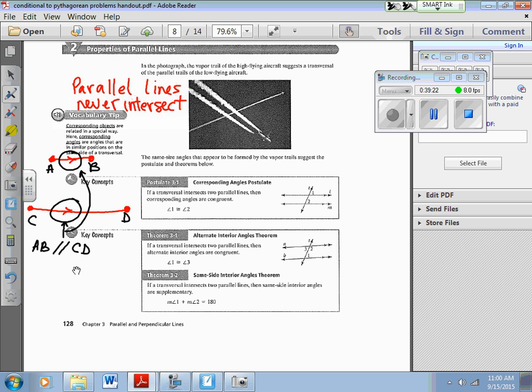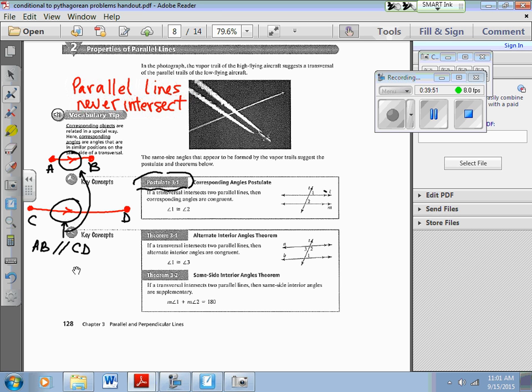That arrows inside of the line somewhere, they have to be going in the same direction. Okay? So now, these are symbol notations that you have to look out for. Does everybody see this box right here which says postulate 3.1? Do you see a set of arrows in the same direction somewhere in that picture?